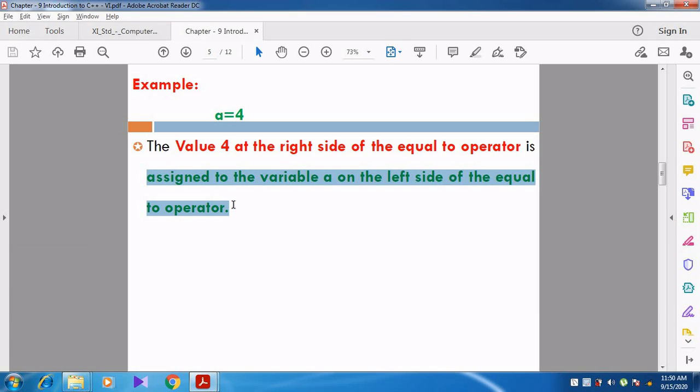Yes, but instead of b, the value of b is assigned to a. Can you understand, students? The value of b is assigned to the variable a. So this is the usage of the assignment operator.